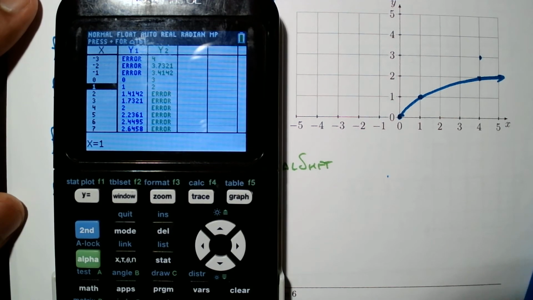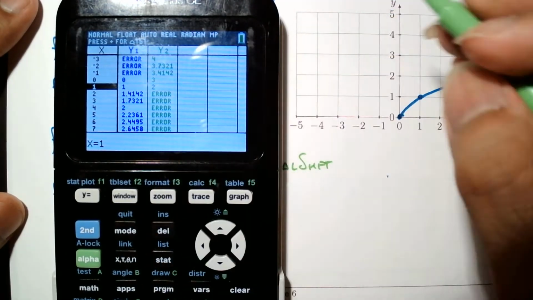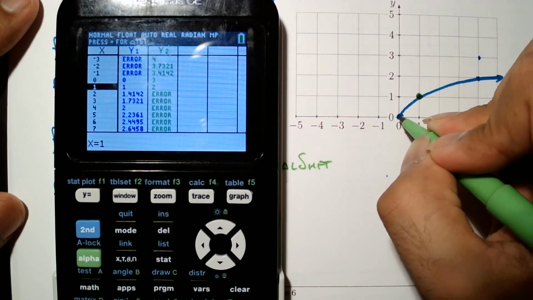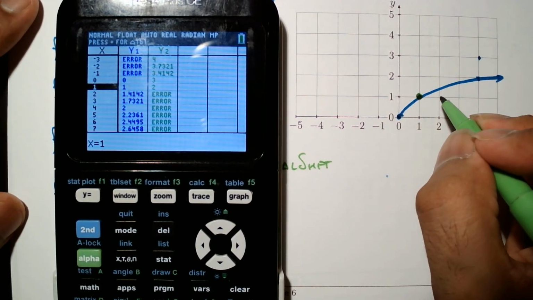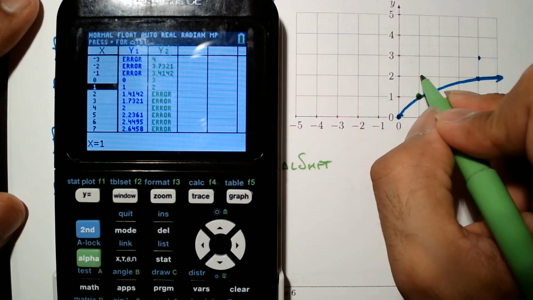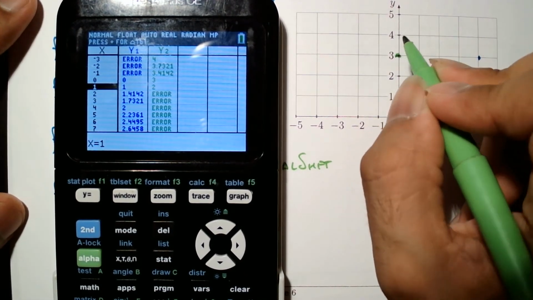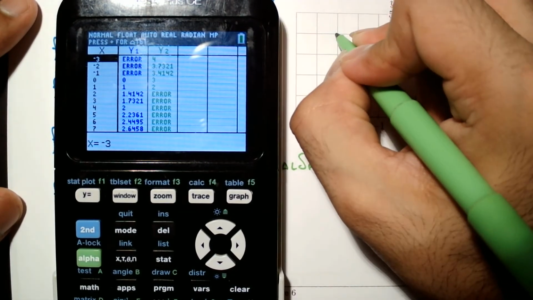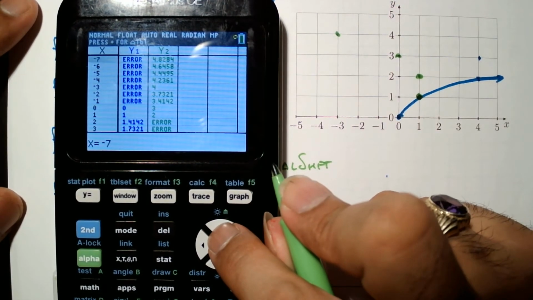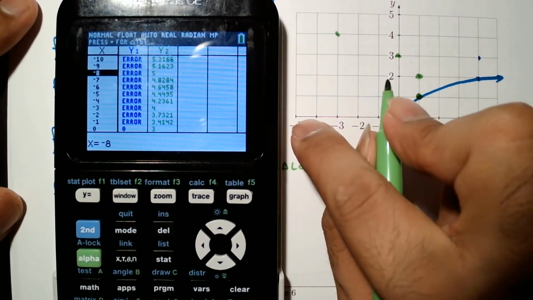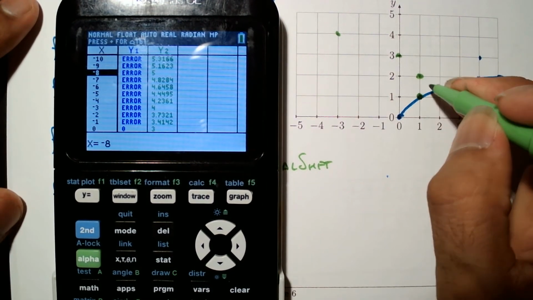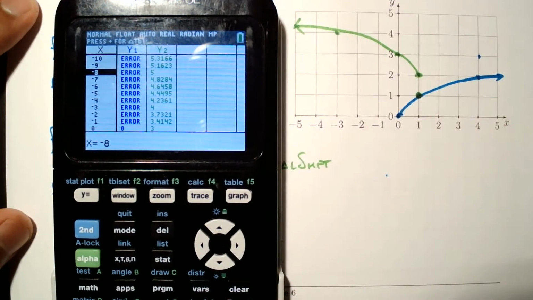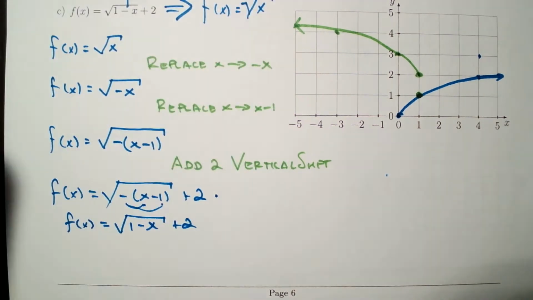So it's going to be (1, 2), and then (0, 3), and then (-3, 4). Do we have anything else? Well, in this case, all the way to (-8, 5). But in this case, we're not going to have enough graph. So I'm just going to do it this way.